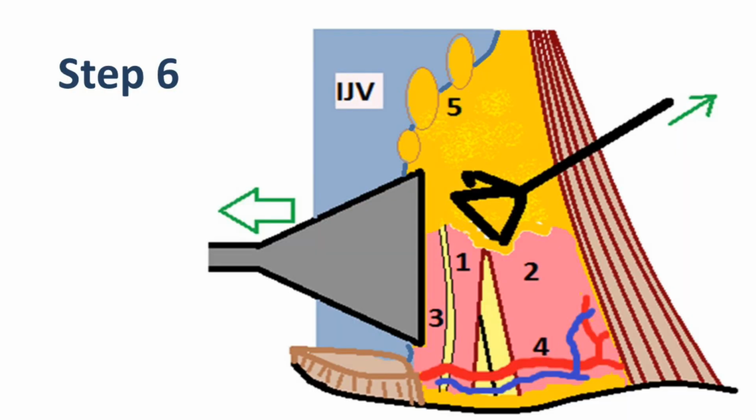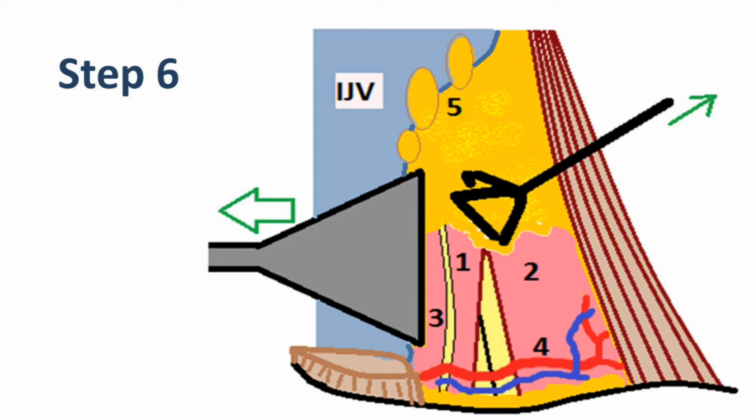Clearing the level 4 cervical nodes reveals the lower prevertebral musculature and the surrounding structures. You can see these structures in this slide. Number 1 shows the scalenus anterior muscle. Number 2, the scalenus medius muscle.